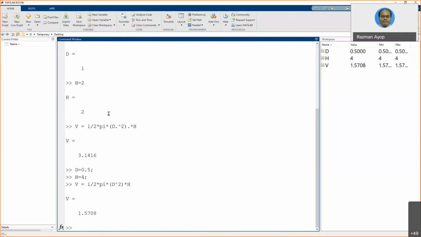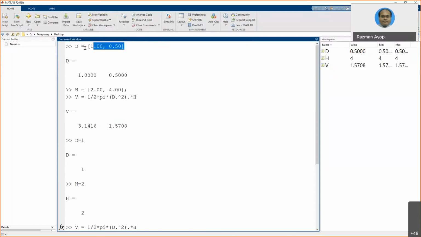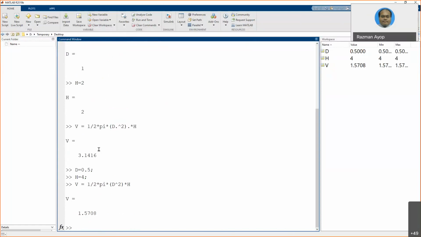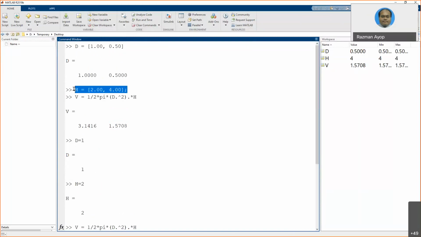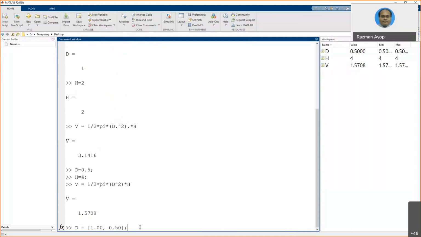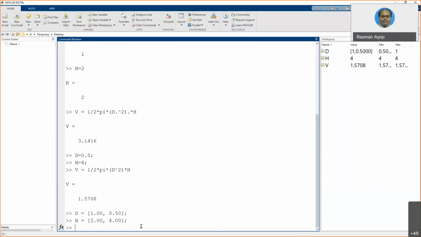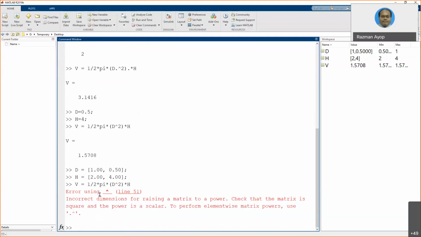But if you have a vector here, this one and this one, if you are without the dot, if not mistaken, it will become an error. See, it cannot function.